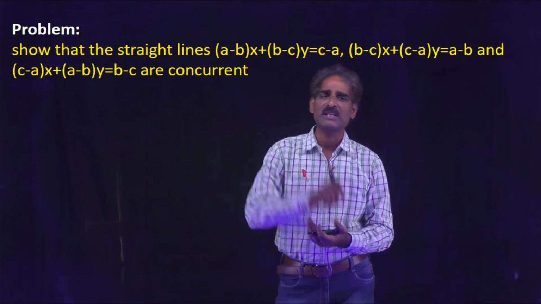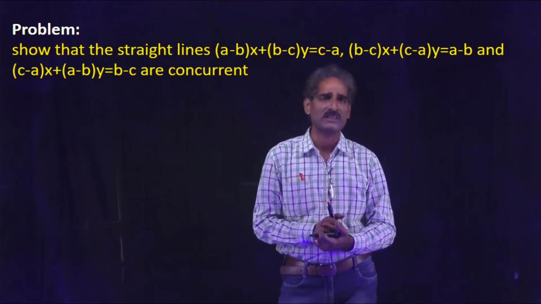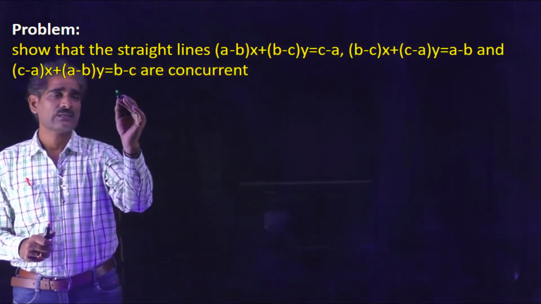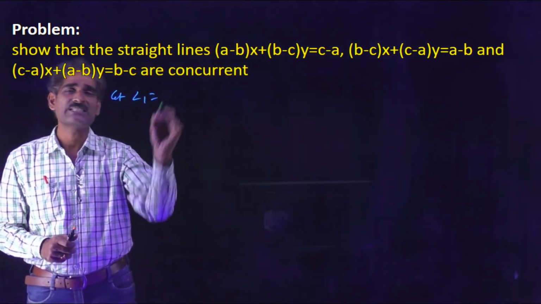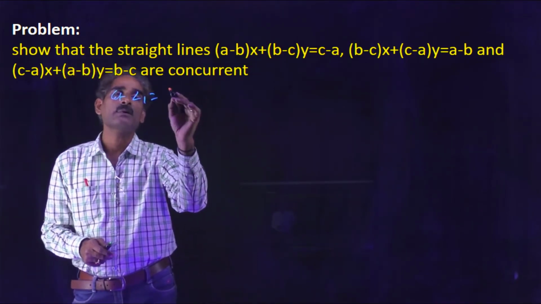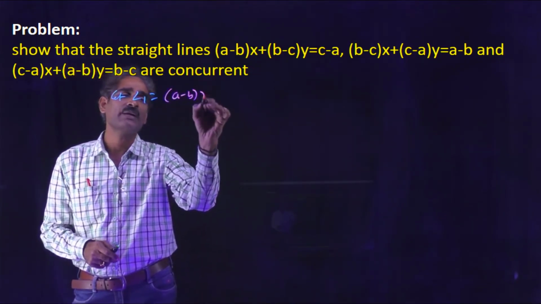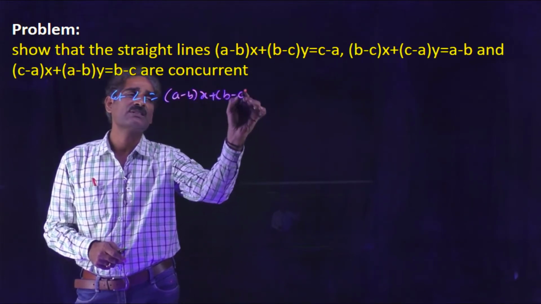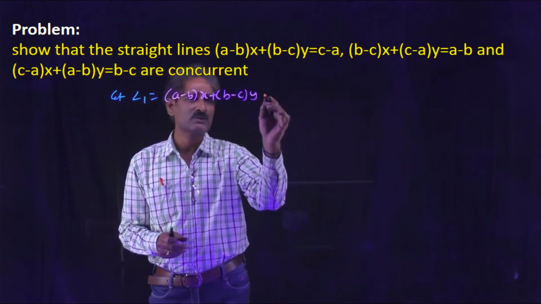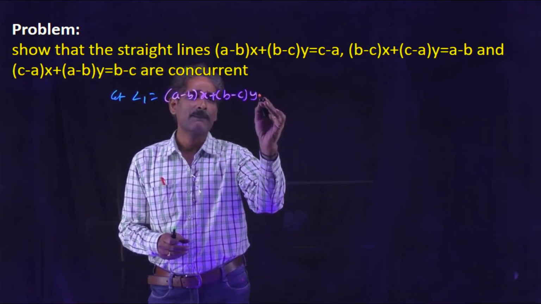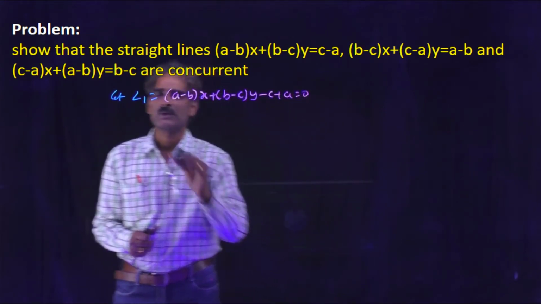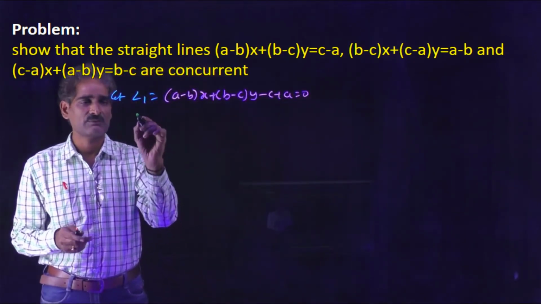Here these are 3 lines. Let us take L1, L2, L3. Let L1 be the first equation: a minus b into x plus b minus c into y is equal to c minus a, that is, minus c plus a. Let us take the second one.